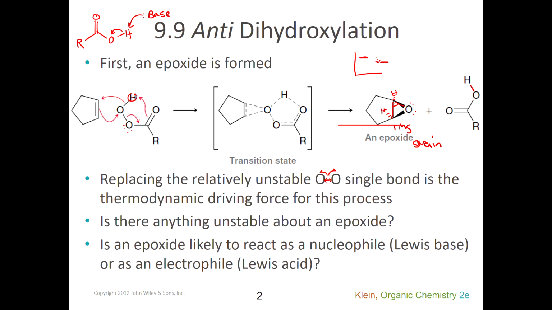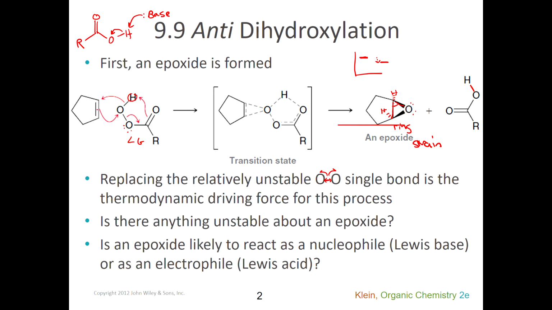These electrons, which are left behind after the proton moves over to the other oxygen, are used to attack the alkene as the alkene attacks the other oxygen. So there's kind of like two nucleophilic attacks occurring here at the same time. And then this group here kind of acts as a leaving group.